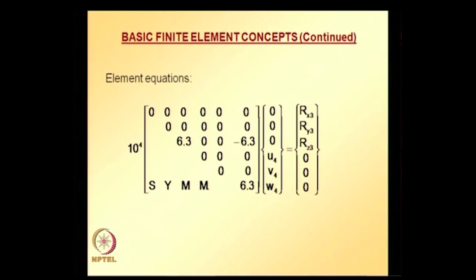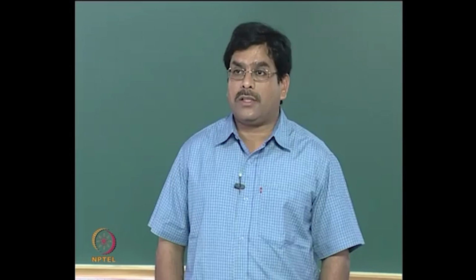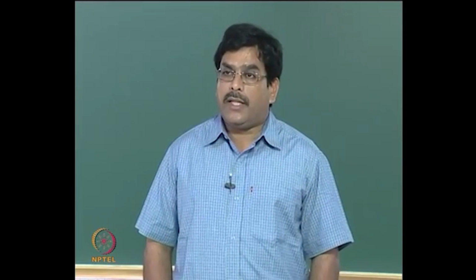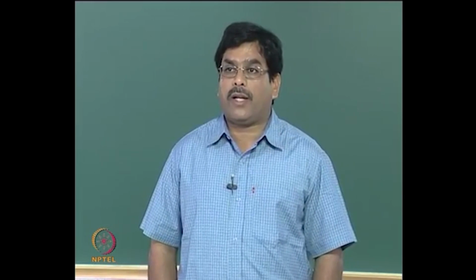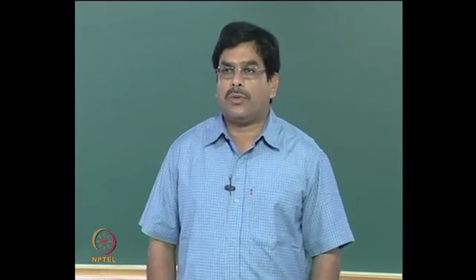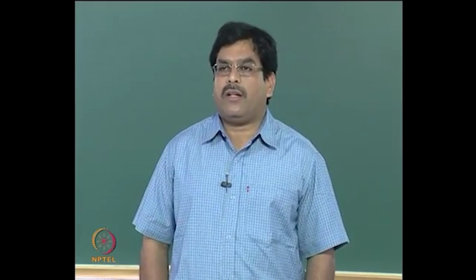global equation system. But since at each node we have 3 degrees of freedom and there are 4 nodes, the global equation system will be 3 times 4, that is 12 by 12, and it is very cumbersome to write a big 12 by 12 equation system.